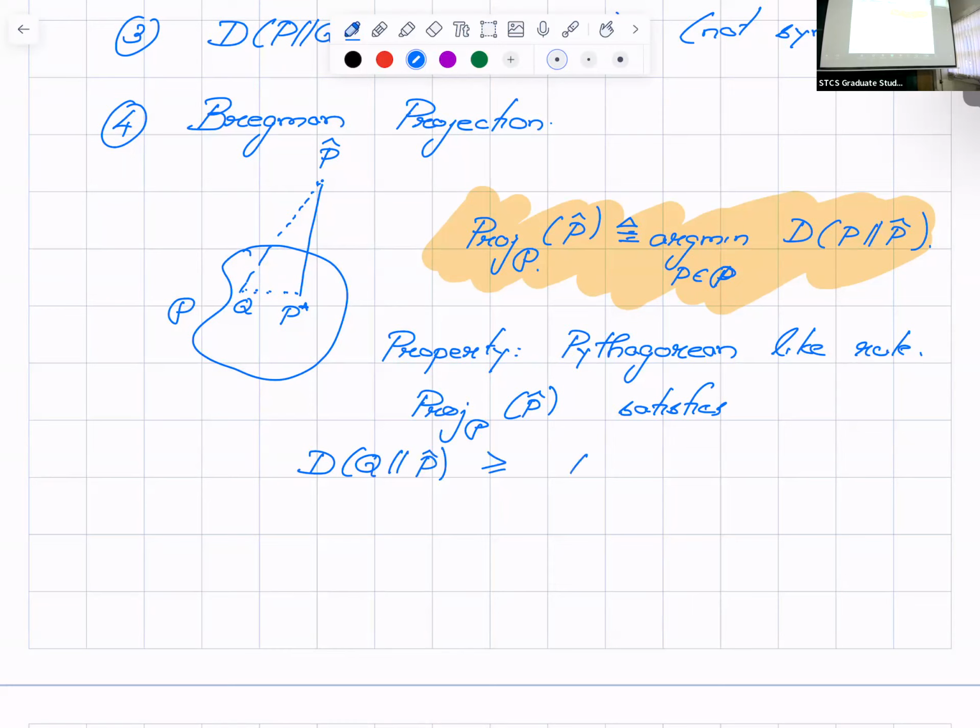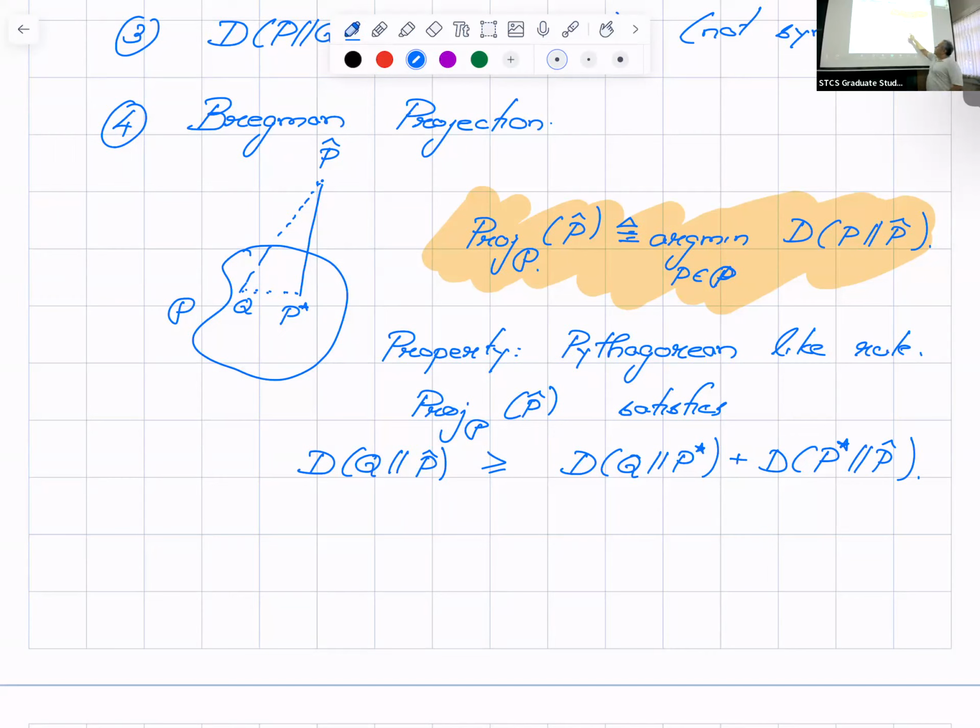This is at least the divergence from Q to P star plus the divergence from P star to P hat. That in that sense is usual. It's called Pythagorean because if these were squared distances, this would be an equality.